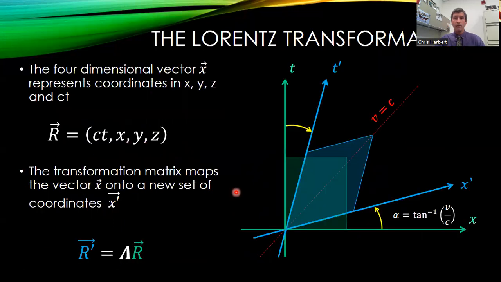For our 4-vector, it's not a circular rotation in the traditional sense. Clearly what you see taking place here is both our x and our t-axis being rotated.